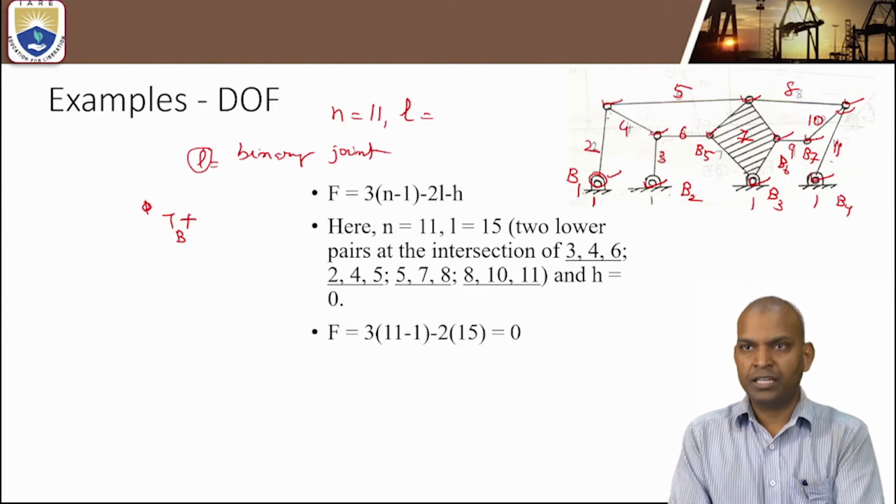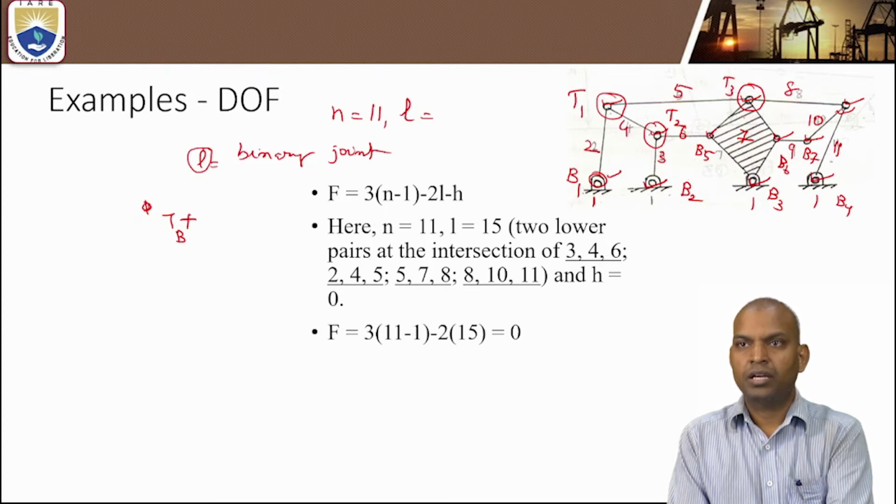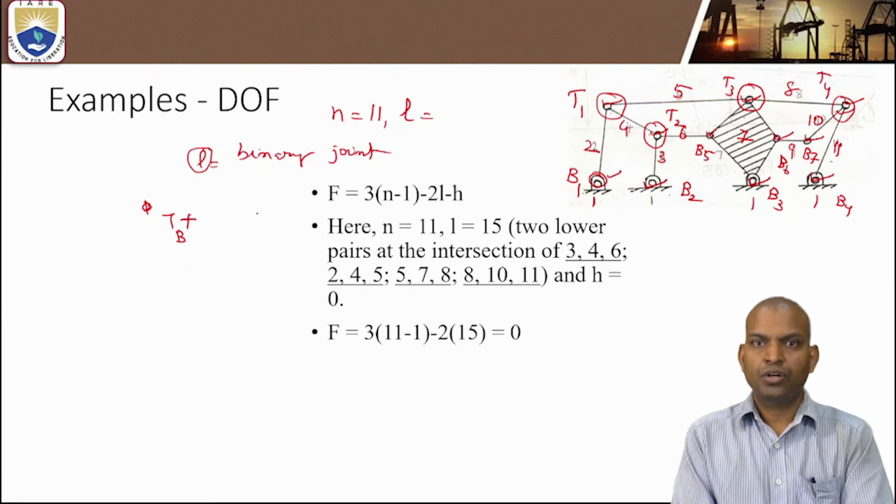And how many ternary joints are there? Let us see here. This is one ternary joint T1, this is T2, this is T3, and again T4. So 7 binary joints and 4 ternary joints.